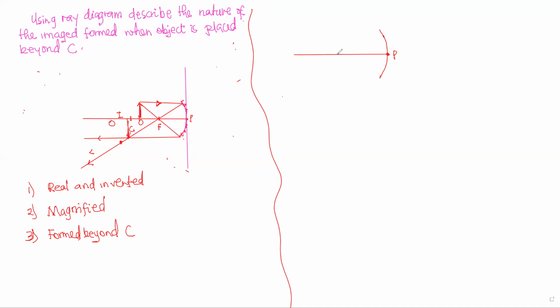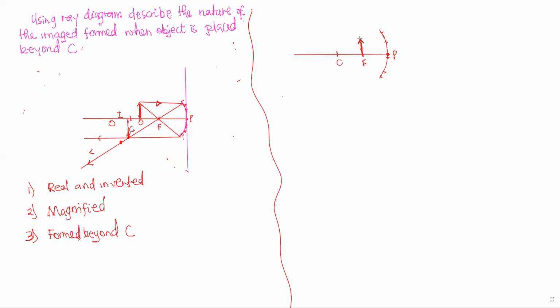So this is C, radius of curvature. Half of it is F. The object is at F. So apply the rules.